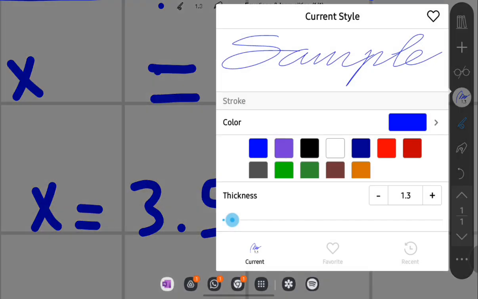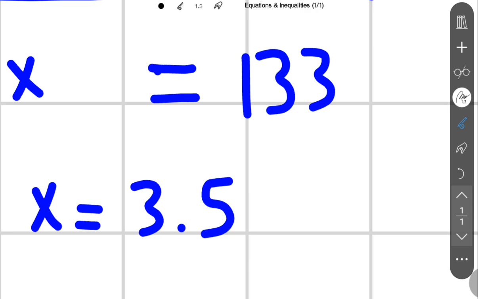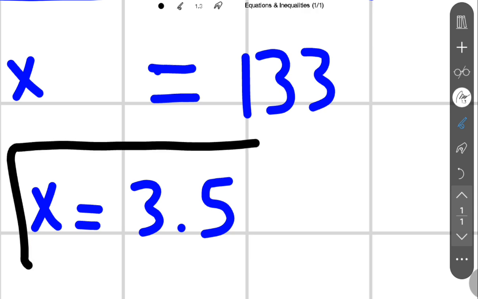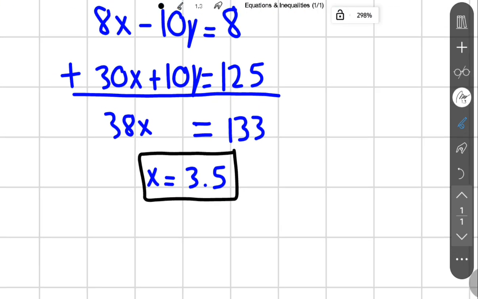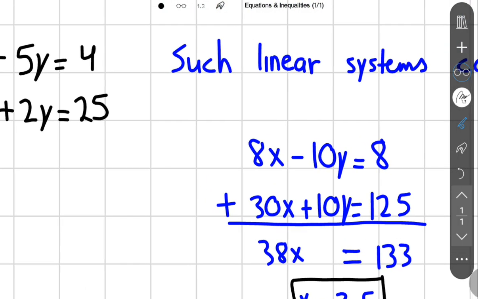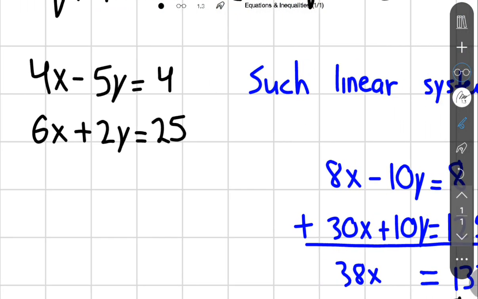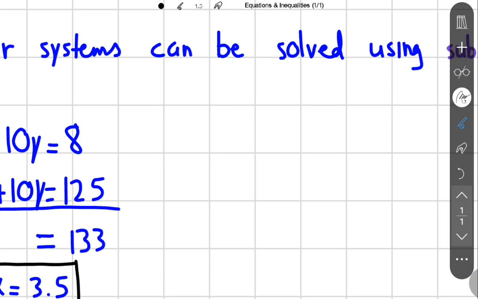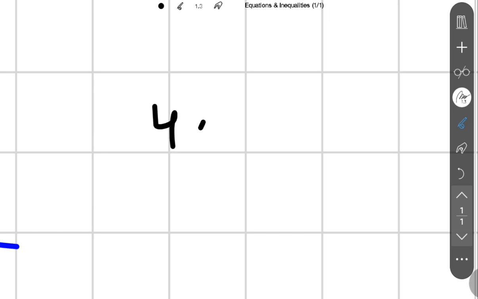So now we already have one of the values. And now you could easily substitute x into any equation. It doesn't matter. I'll pick the easier one, which is the first one, 4x minus 5y equals 4.